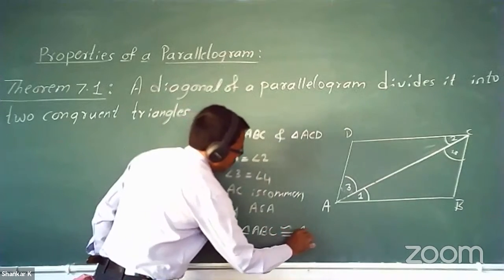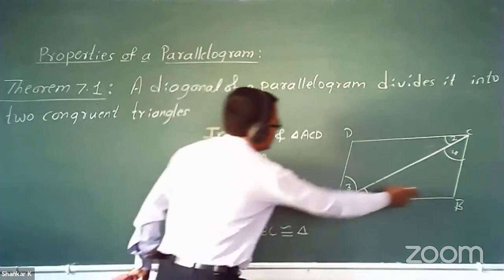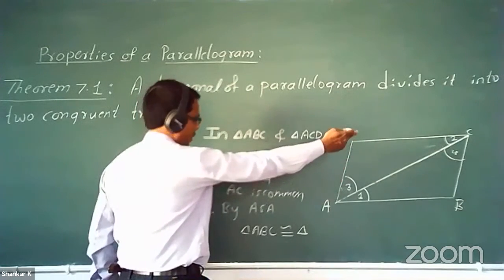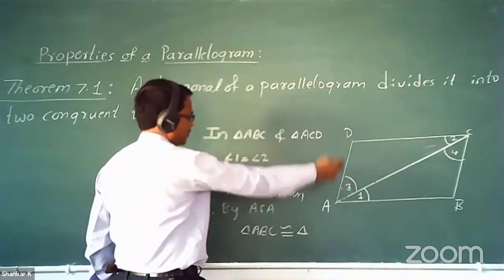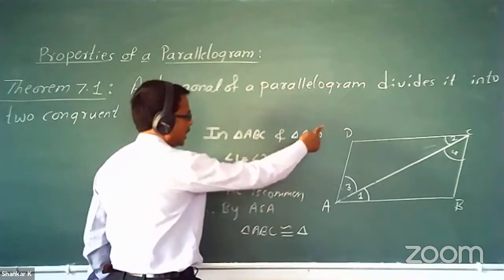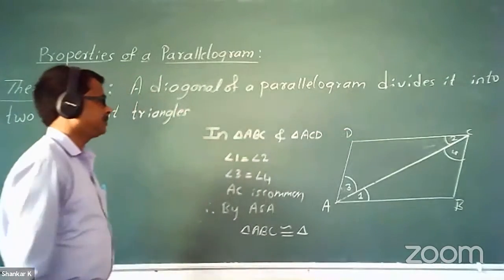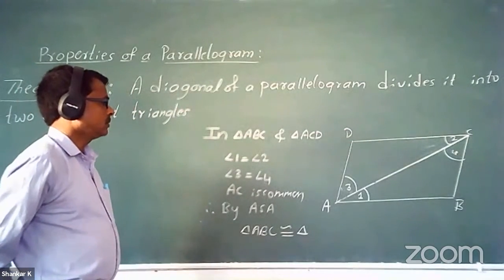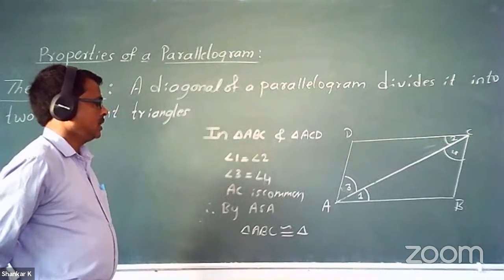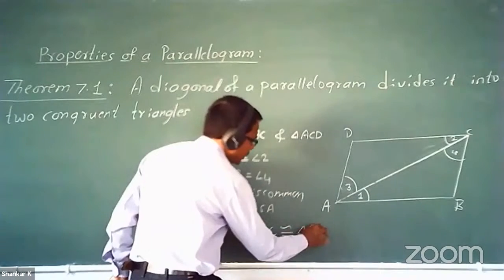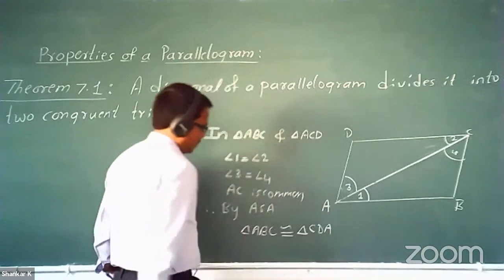Triangle ABC is congruent to which triangle? CDA or ADC or DCA? Tell me. Triangle CDA, correct.